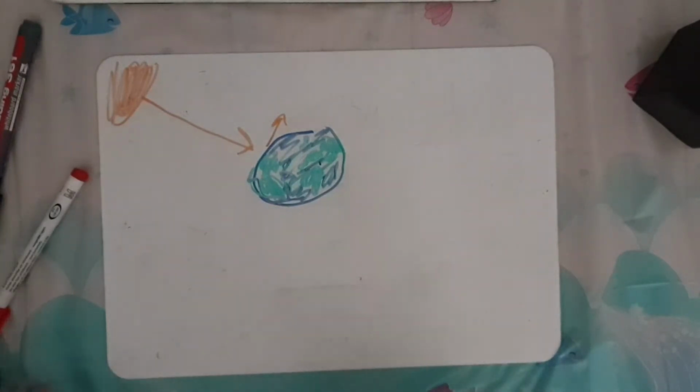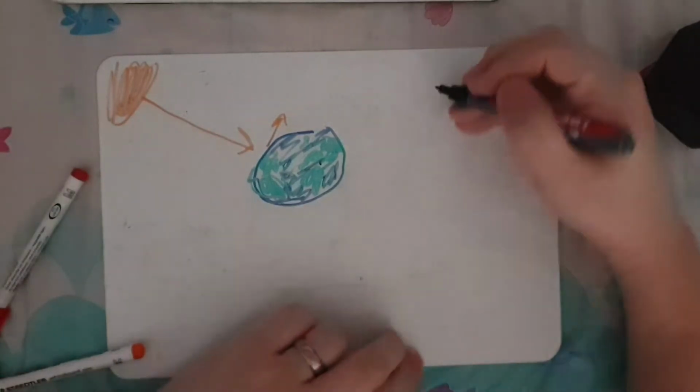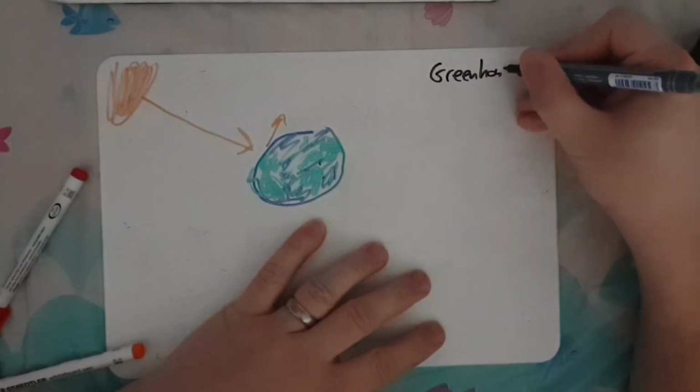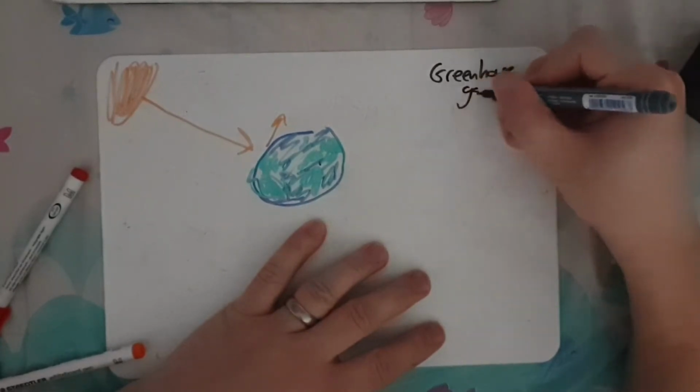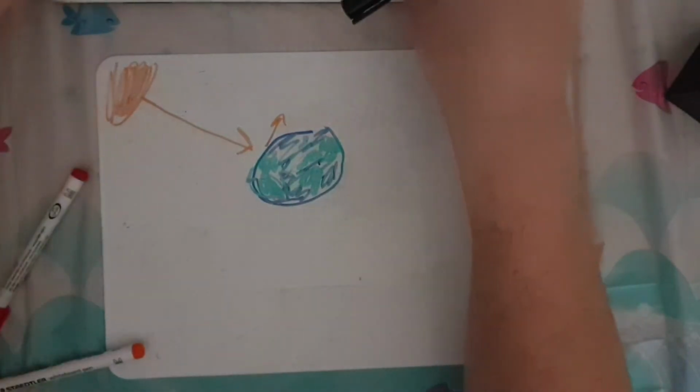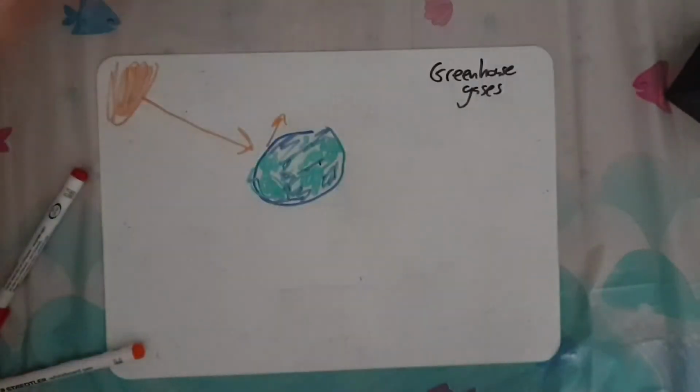And you've got these greenhouse gases. And so the greenhouse gases that you need to be aware of, the ones that you need to know, going back to our referring to it here.